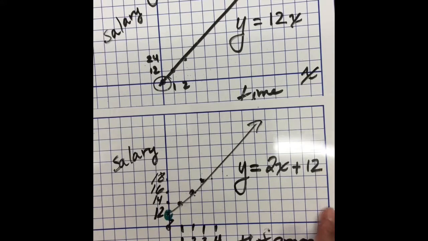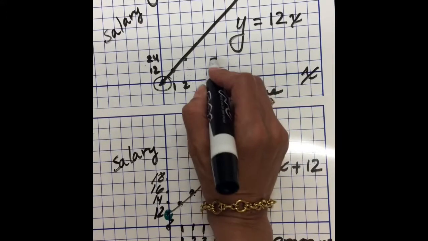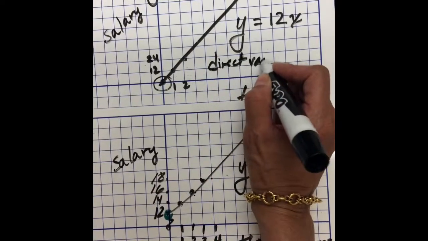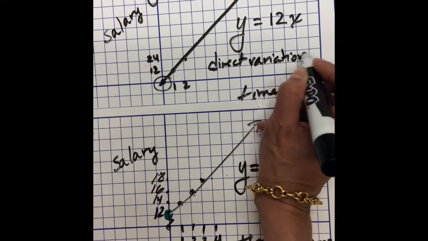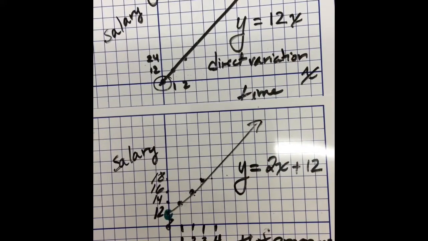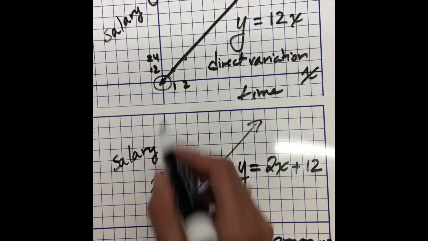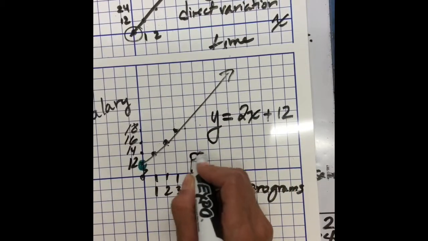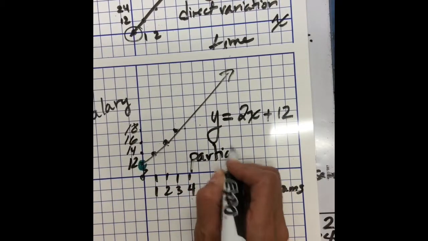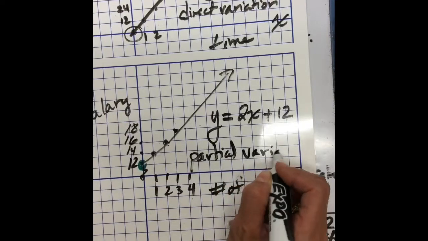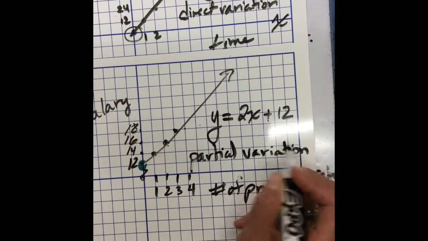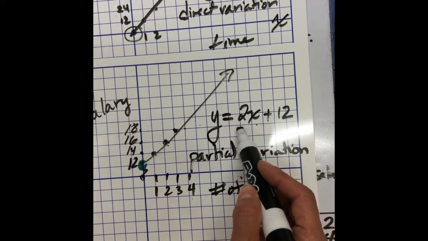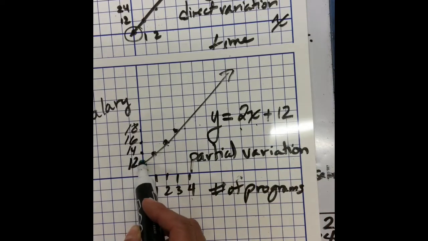And so the difference is this is called direct variation because it is going up directly by the number 12. You multiply the x values by 12 to get your y values. In this case, it is partial variation because yes, we are multiplying every value of x by 2, but we are starting with 12.